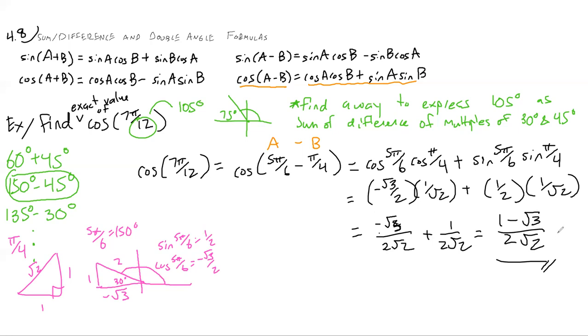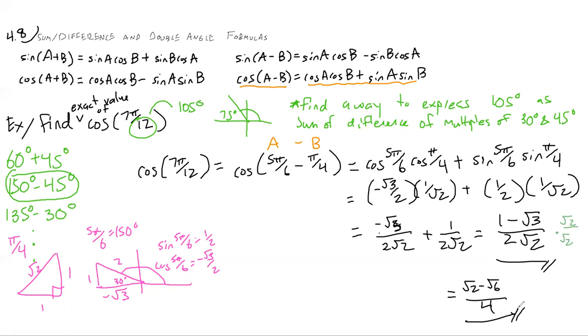They would rationalize the denominator by multiplying the top and bottom by root 2, and then a different way of writing this answer would be root 2 minus root 6 over 4. So, same answer. Some of you might have a scientific calculator that will display this version, or you may be checking answers in the textbook.